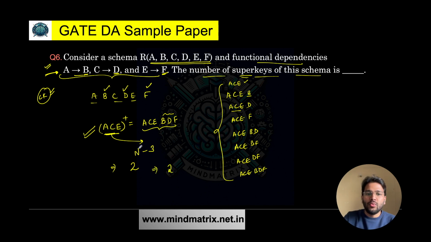Here n is 6 attributes, 6 minus 3, that is going to be 2 raised to the power 3. So 8 super keys are possible, and these are those super keys. You can use any way, but this is much better because that takes less time. So 8 is the correct answer for this question.